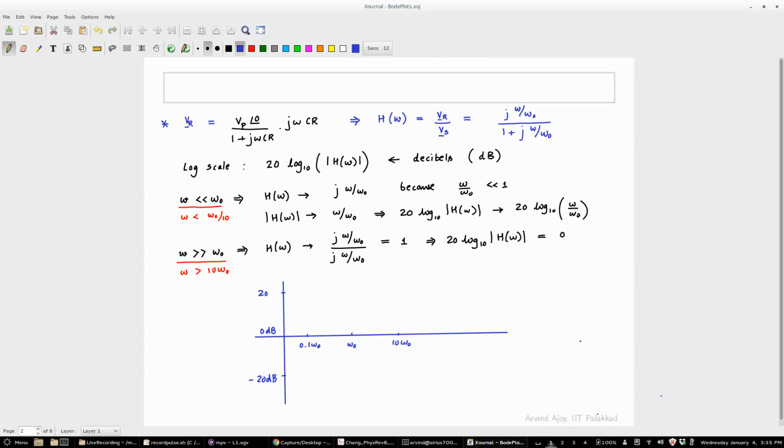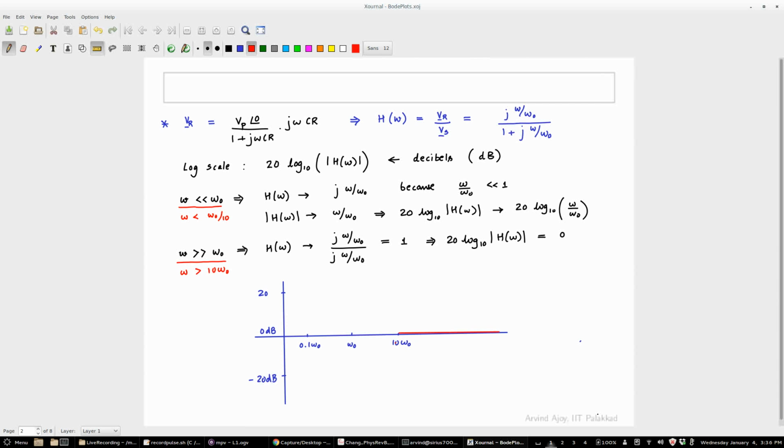So let me say that this is 0 dB, let me say this is 20 dB, and that is minus 20 dB, and let me say that my omega 0 is here, my 0.1 omega 0 is there, and 10 omega 0 is there.